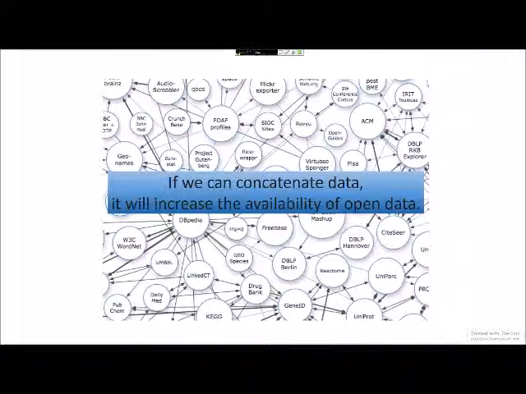If we can concatenate data, it will increase the availability of open data. But so we often hear that garbage in and garbage out.